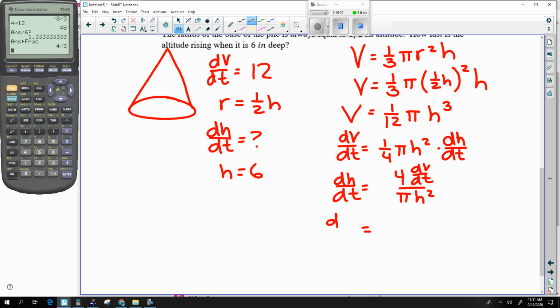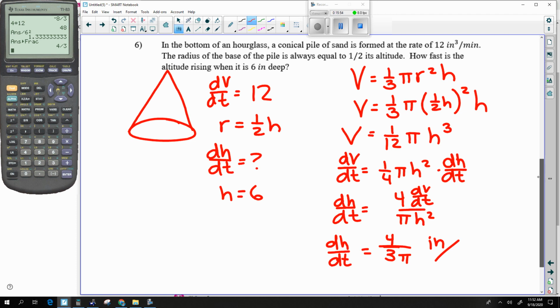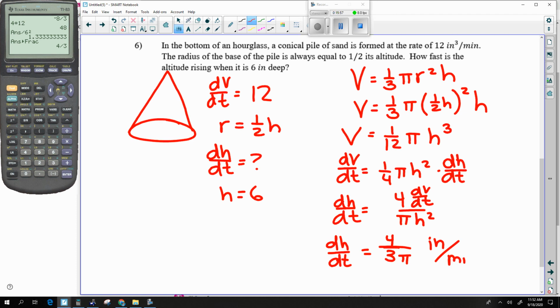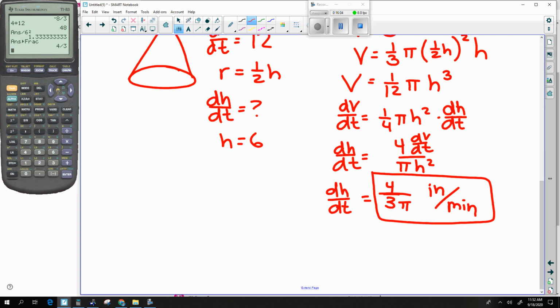So this is 4/3 pi on bottom, and height is in inches, time is in minutes. So divide by pi, this is the same thing as 0.4244.